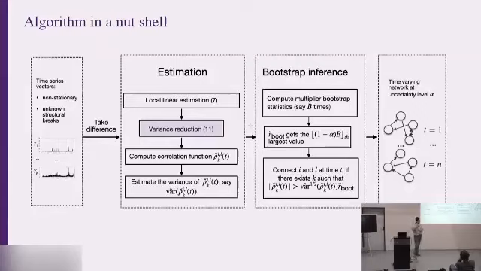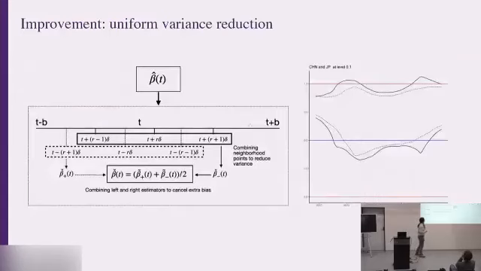If we can reduce the width of the confidence band, it's more informative. There's a chance that we can compress it to between -1 and 1, and then we get more information.